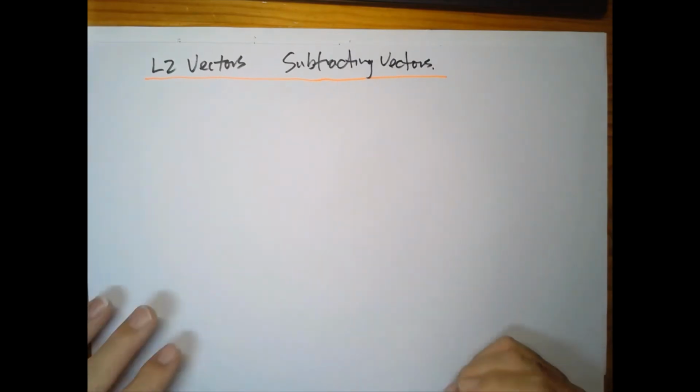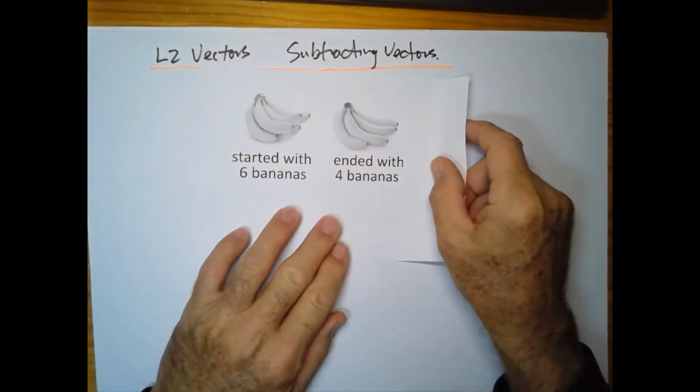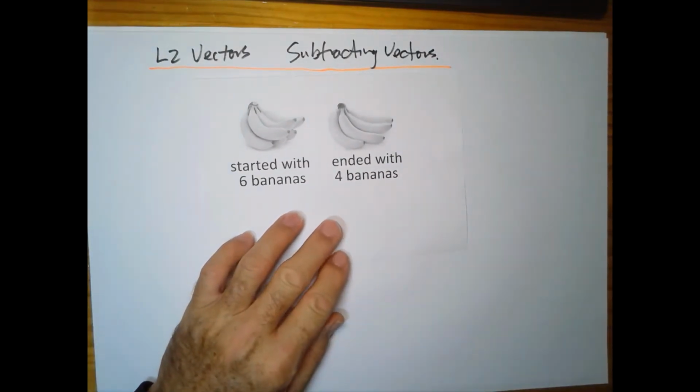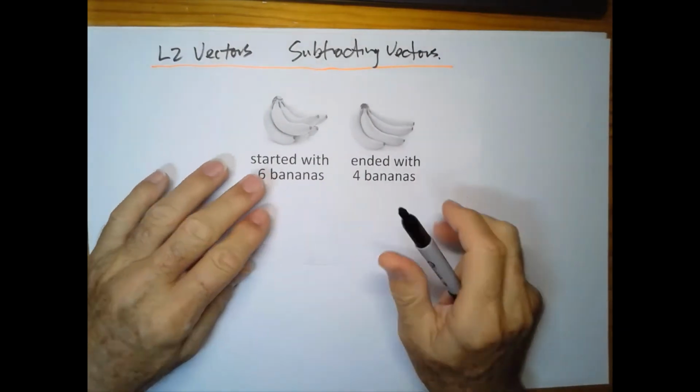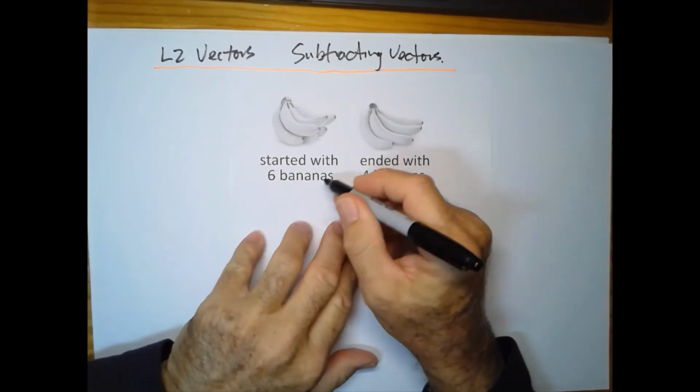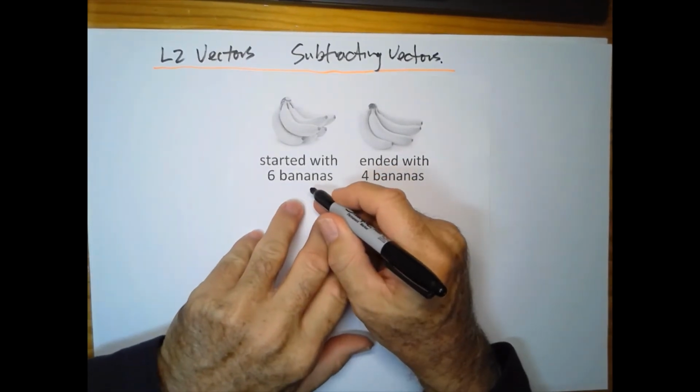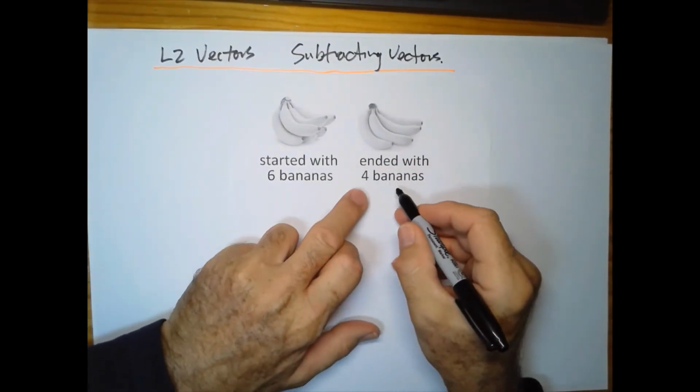Subtracting vectors. First of all, I'd like to look at subtracting bananas. Let's look at it mathematically. I started with 6 bananas and ended up with 4 bananas.